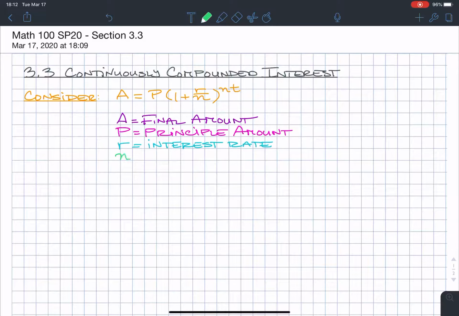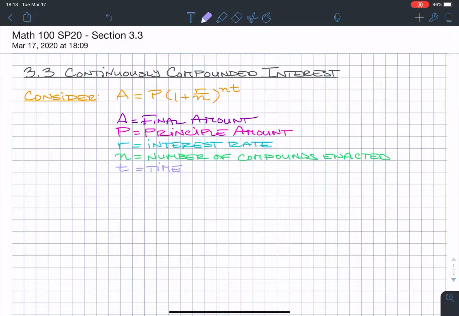N will be the number of compounds, like if it's quarterly, that's 4 times a year. So number of compounds enacted. Say we've done 2 out of 4 quarters, that would be 2. And of course T is time.